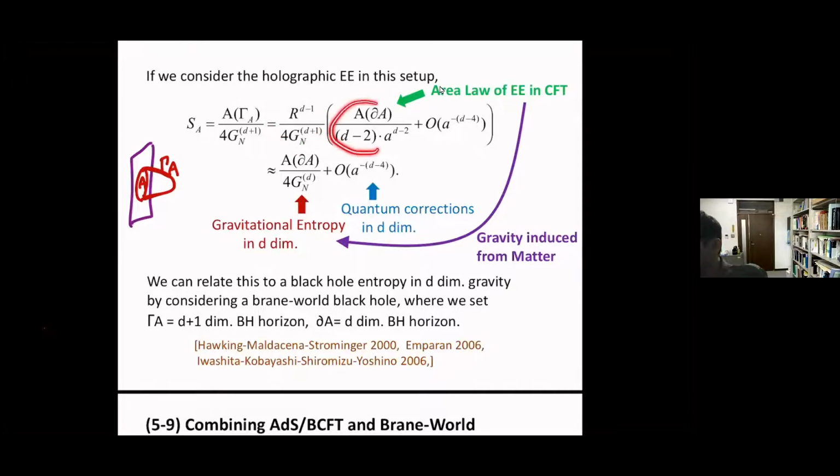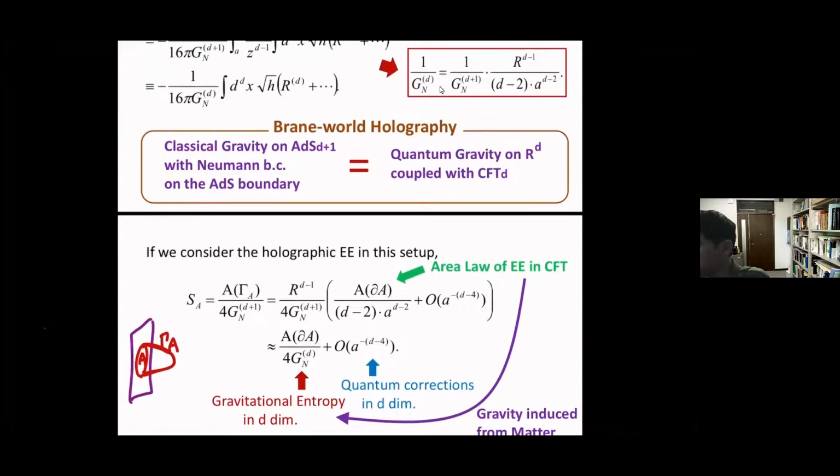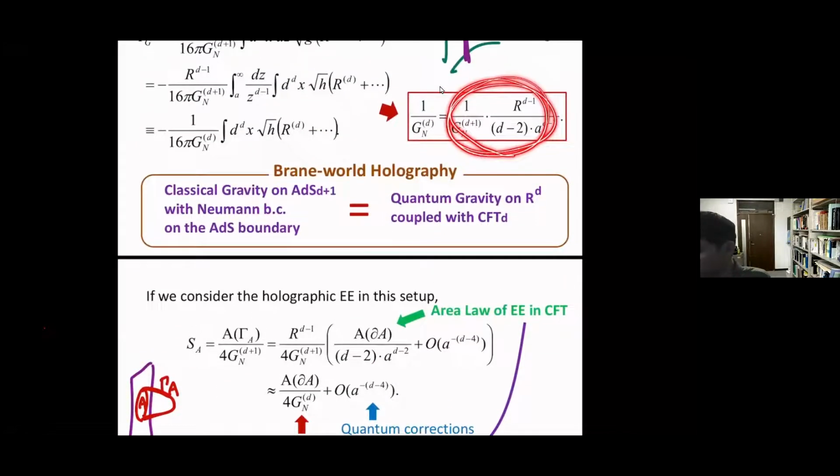But if we focus on this area law piece, because this A appears here, this is exactly this relation. You can just use this relation to absorb this factor. Then you get the lower dimensional Newton constant and the area of the boundary. So this is much like lower dimensional gravity. It looks like a gravitational entropy in lower dimensional gravity, like the Bekenstein-Hawking entropy. The boundary of A can be a horizon, but not necessarily. Anyway, we get some gravitational entropy.